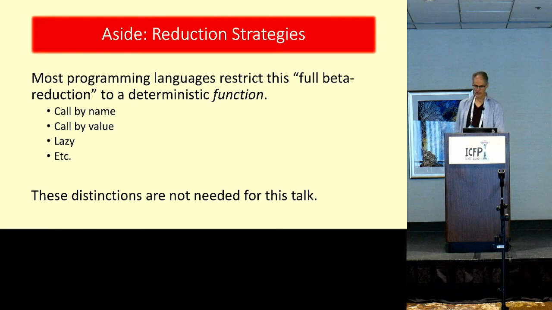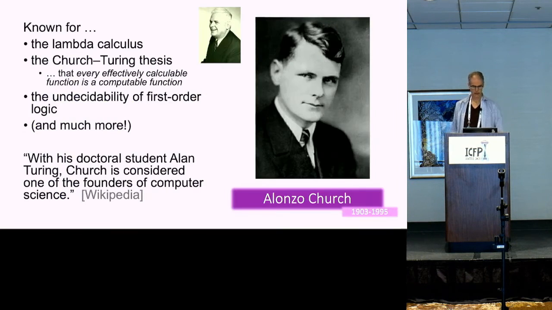Okay, so a tiny bit of history. Historical interlude. The lambda calculus was invented by a mathematician, a logician named Alonzo Church in the 1930s. And Church was kind of an amazing guy. He is known for inventing the lambda calculus. In some sense, he was one of the first computer scientists, almost one of the two first computer scientists, along with Alan Turing.